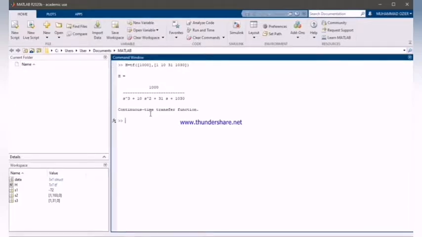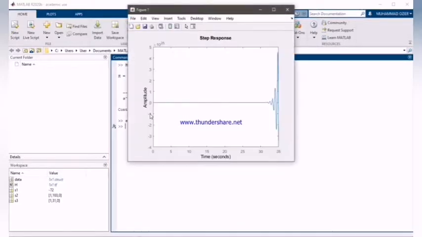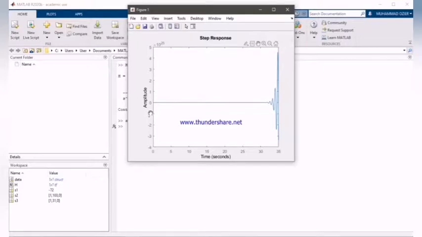So we got the transfer function in formula, and then we need to show the graph plot. We must type step plot in bracket H, and then press enter. Yeah, this is it, our graph.